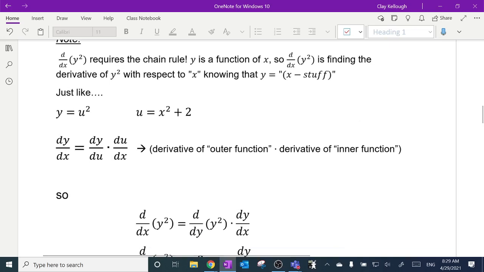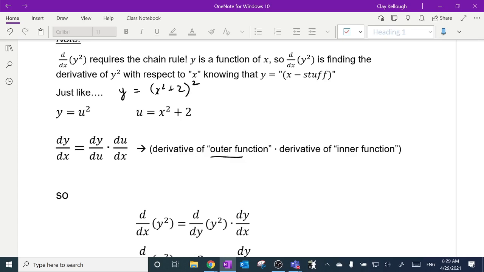It's kind of like when we did the Leibniz notation for chain rule, right? Just like we say we have the function y is equal to (x squared plus 2) all squared. Well, I could represent this x squared plus 2 as just u. So I can think of this as y equals u squared and u equals x squared plus 2. And then using our Leibniz notation, the derivative of y with respect to x is the derivative of y with respect to u times the derivative of u with respect to x.